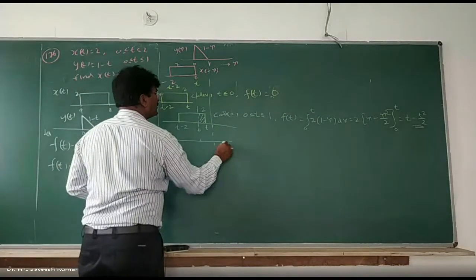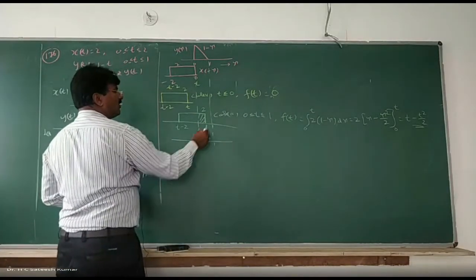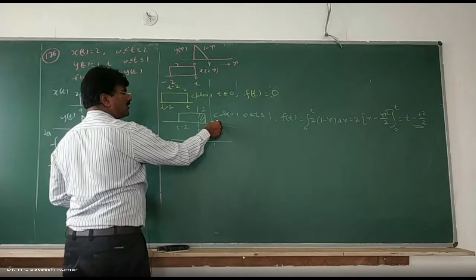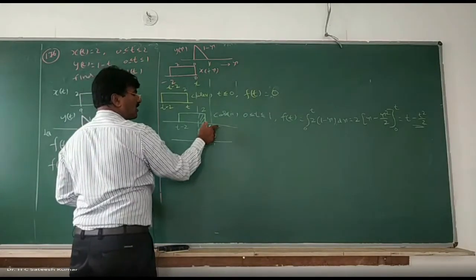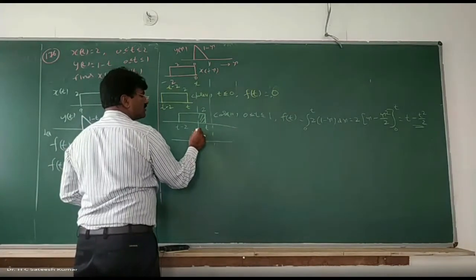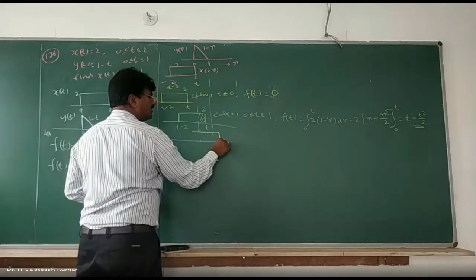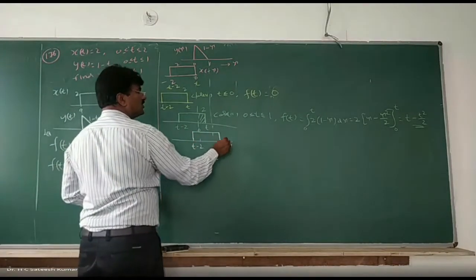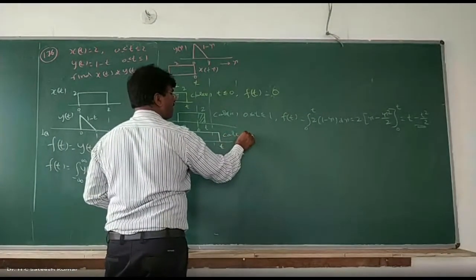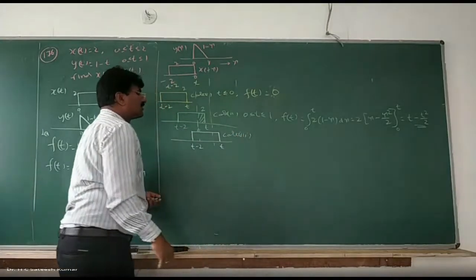Now you see this one. When it is moved up to this point, what will happen? Only one out of 2 units gets overlapped. Afterwards, what will happen? Area becomes constant. So therefore, this is t, this is t minus 2. Case 3.